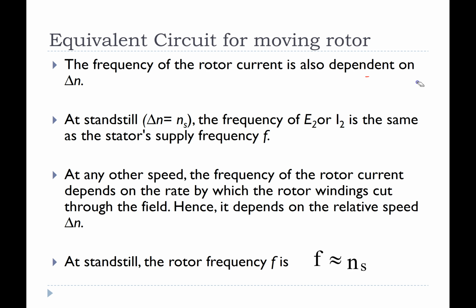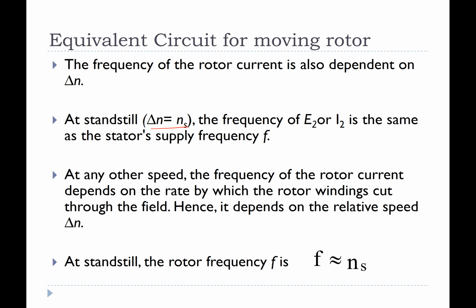So it is not just the magnitude of the EMF that is affected by the relative motion, it is also the frequency of the currents and the EMF induced in the rotor. Again, at standstill, delta N is equal to the synchronous speed because the rotor is not moving.